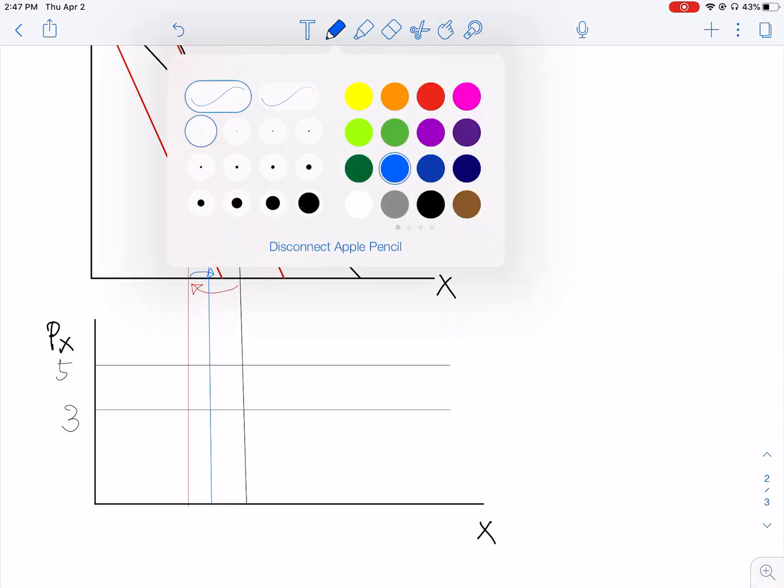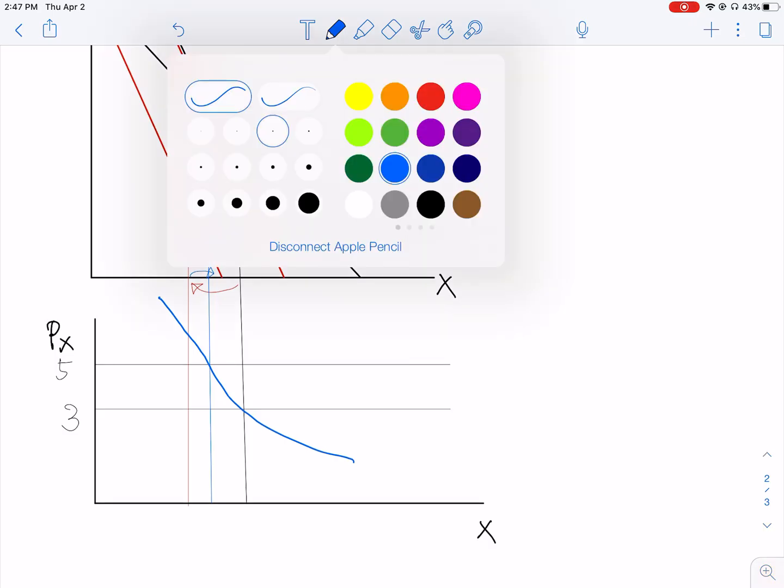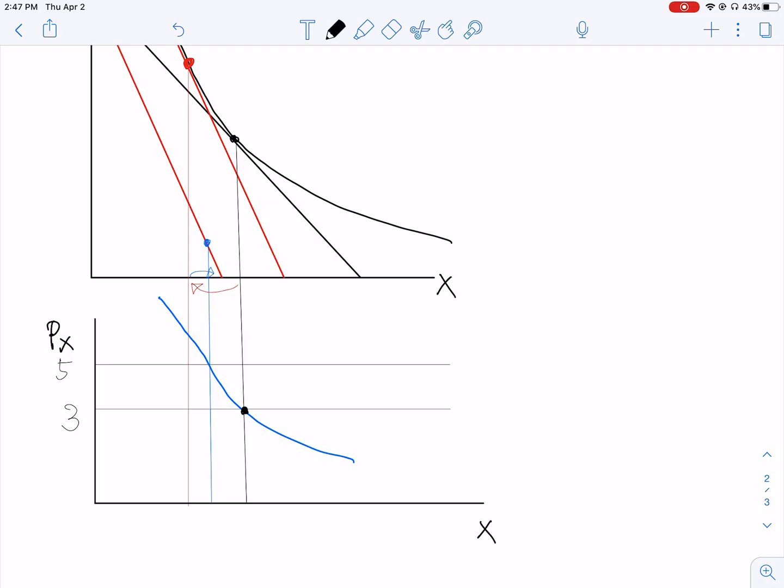So here the actual demand curve goes like that. The original demand was at this point, and when I think of the total effect, your demand goes down like that. So this is going to be the demand curve, or Marshallian demand curve.